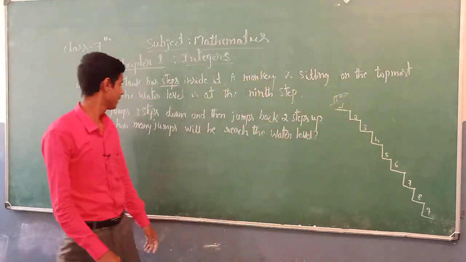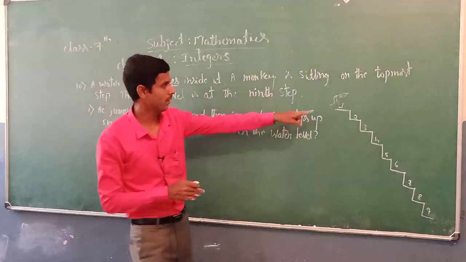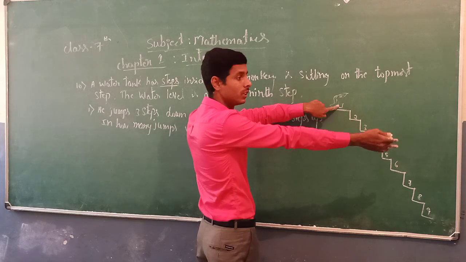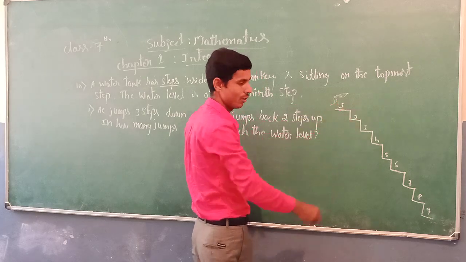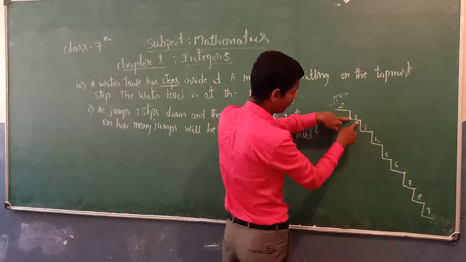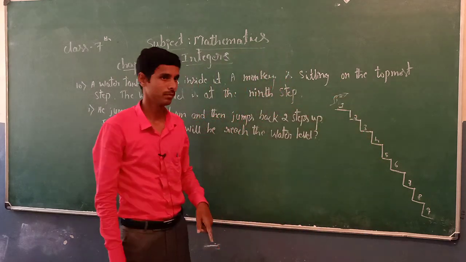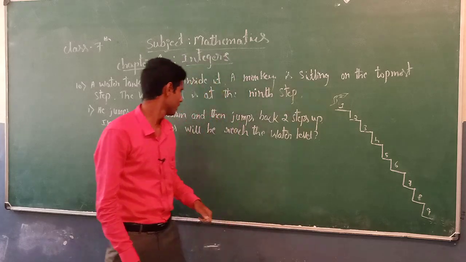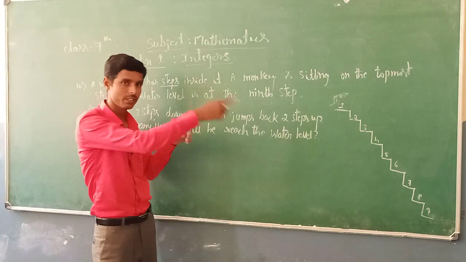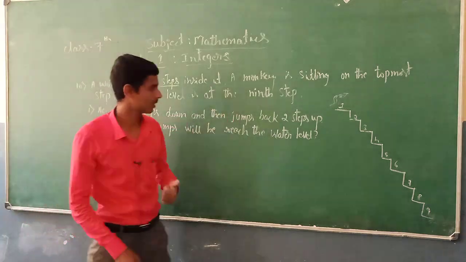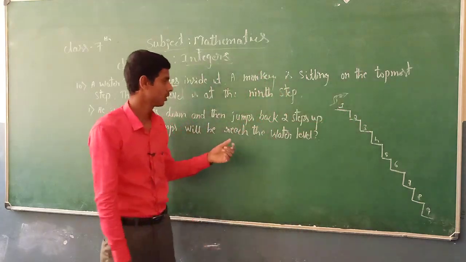How will it move? Let's see. He jumps 3 steps down. From first step, he jumps 3 steps down. That means in one jump, if he starts from first step, second step, 1, 2, 3, he will jump to the fourth step. So that is what here it is given. He jumps 3 steps down, then jumps back. Again it will turn back and jumps back to the top.